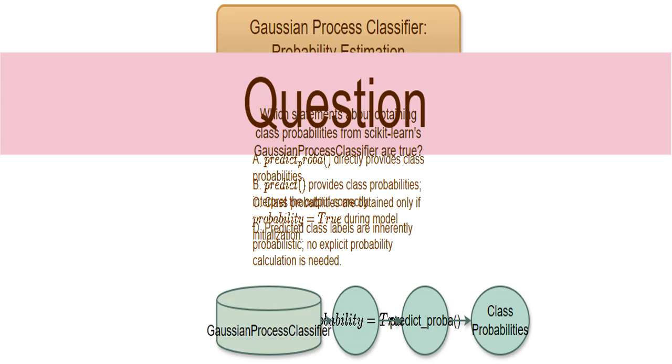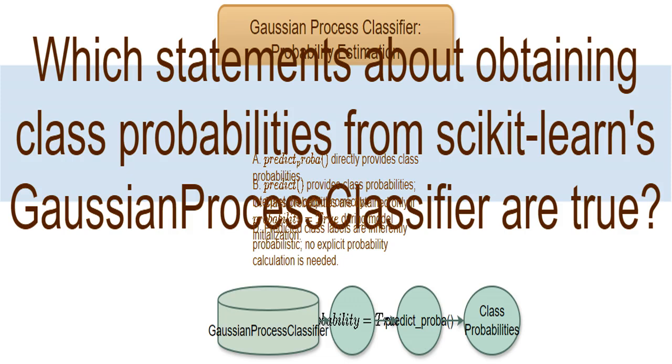This is partially true. The method predict_proba is the right method to use, but only if I set the probability true parameter. This is false. predict only gives the predicted class labels 0 or 1, not the probabilities associated with those predictions.